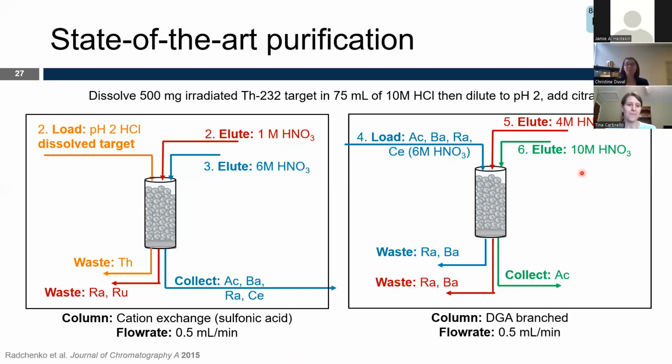So this process, as you can see, requires many different feeds and has 2 different columns. We had discussed that the flow rate through these columns is usually less than 1 milliliter per minute. In this paper, they actually reported their flow rates, and it was 0.5 milliliters per minute.